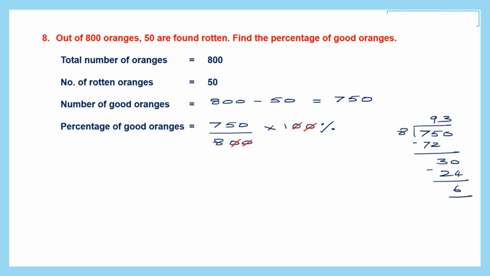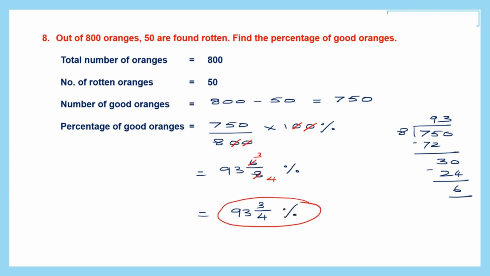So what do I have here? I have 93 and 6 by 8 percent. Now remember this proper fraction 6 by 8 can be reduced to the lowest term. Both are divisible by 2. 2 3s are 6 and 2 4s are 8. So what do we have here? 93 3 by 4 percent. So this is the percent of good oranges.